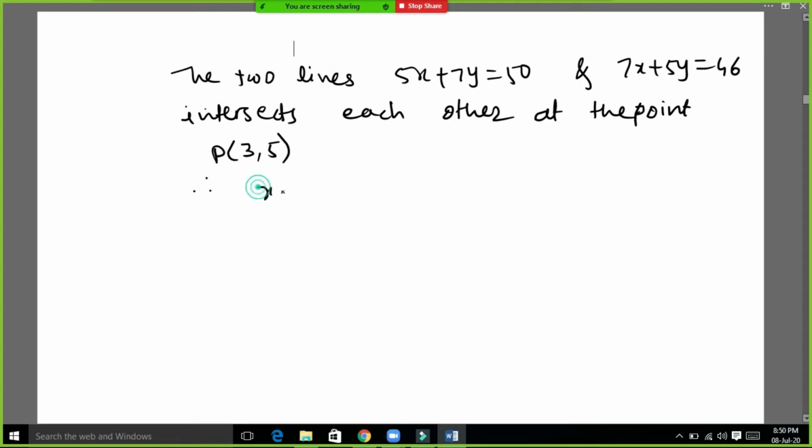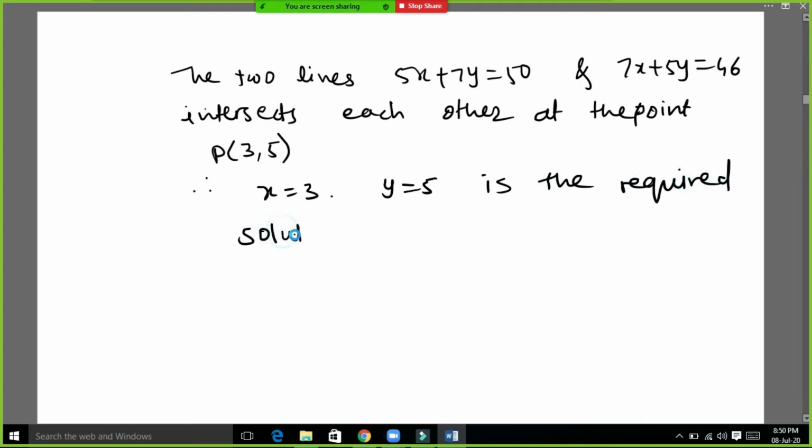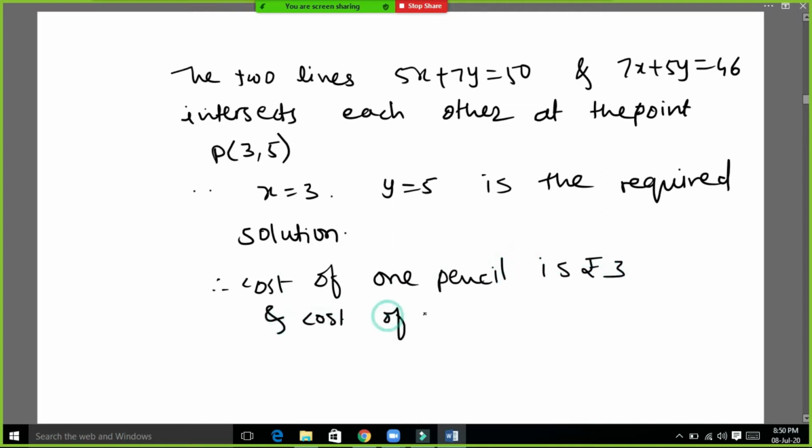Therefore x is equal to 3 and y is equal to 5 is the required solution. At the starting we took the cost of one pencil as x, so the cost of one pencil is rupees 3 and the cost of one pen is y, so it is rupees 5. So this is the answer.